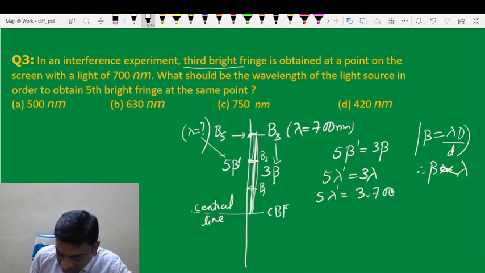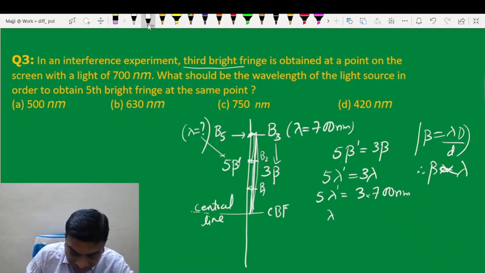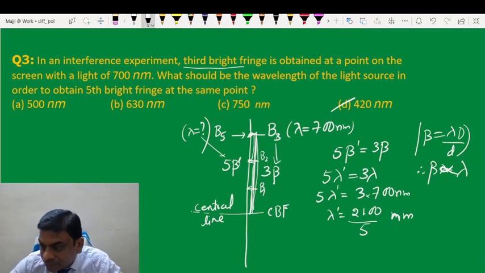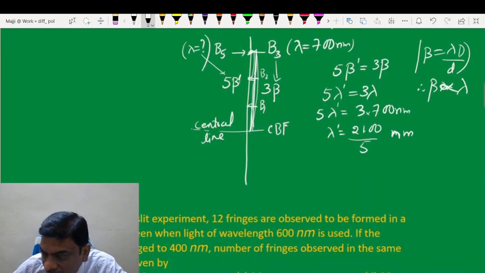Lambda is 700 nanometer. So therefore lambda dash is 3 sevens are 21, so 2100 upon 5. Now if you multiply and divide by 2, you will get 420 nanometer.